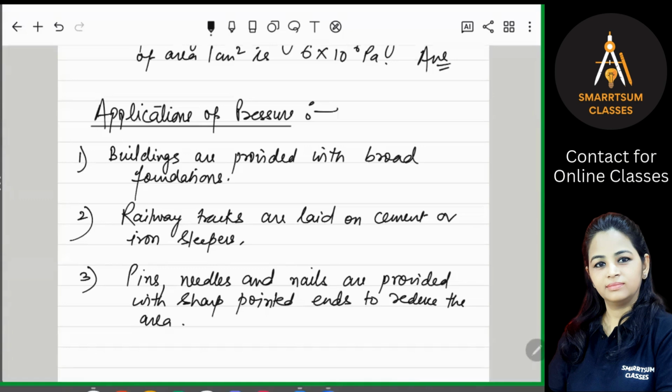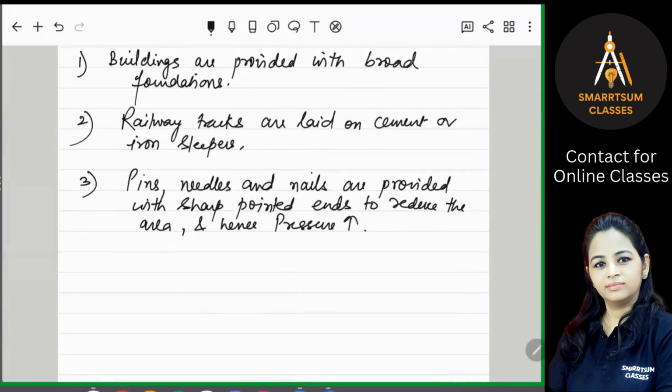To reduce the area, and hence pressure will increase. Is that clear? And so that they can easily fix into the wall or in the board, right?